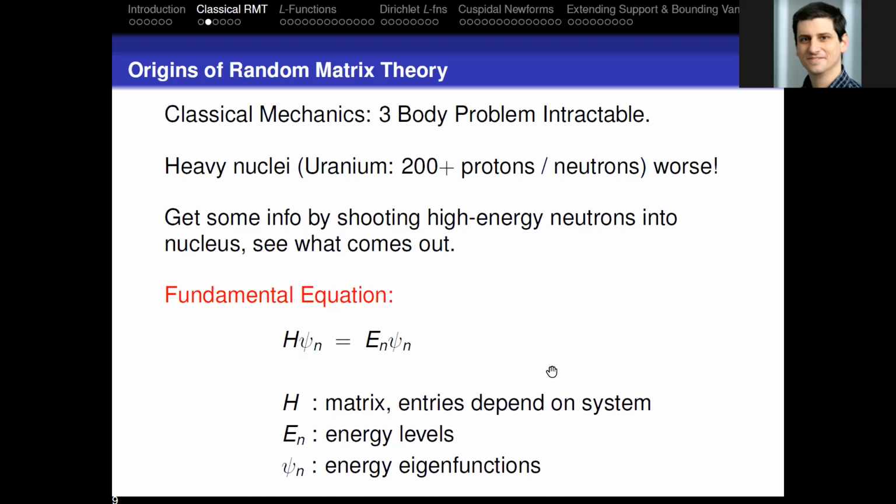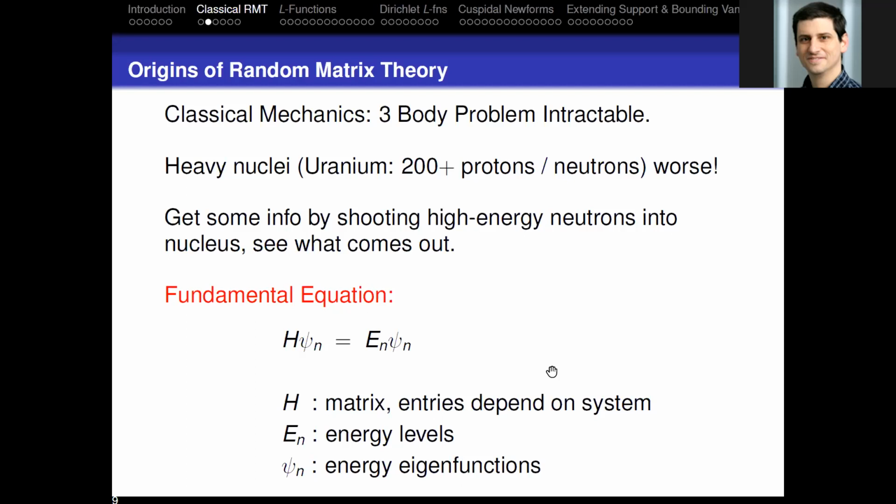And the energy level of the neutron will become the Fourier transform of the Schwartz test function. And on the physics side, we'd love to shoot an arbitrarily energied neutron, but we can't. On the number theory side, we'd love to use a test function with arbitrary support, but we can't. And so we need to try to see, based on what we can shoot in, what can we deduce afterwards?